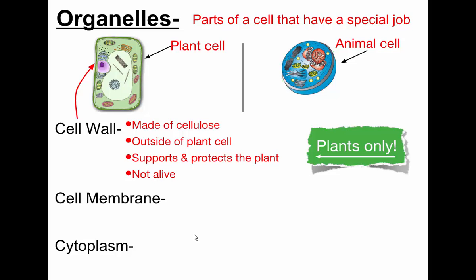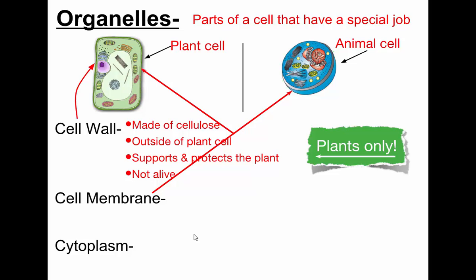So if you look at the animal cell, it doesn't have that hard, thick outer shell. It has a more flexible outer boundary called the cell membrane. So the cell membrane is the outer edge of the animal cell, but it is also in the plant cell. It's hard to see because it's just inside of the cell wall. There's a thin layer on the outside. That's the cell membrane.